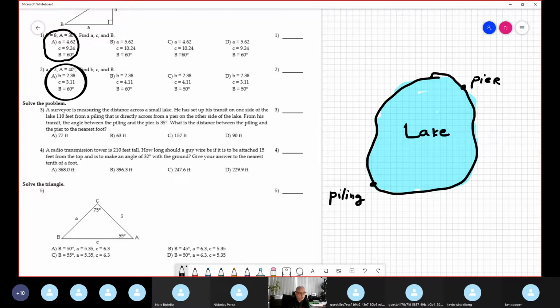Now, the distance across from the piling to the pier is 110 feet. In my opinion, this is the most complicated part to understand.